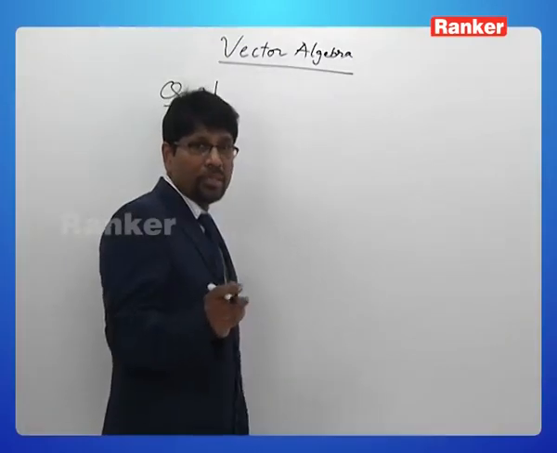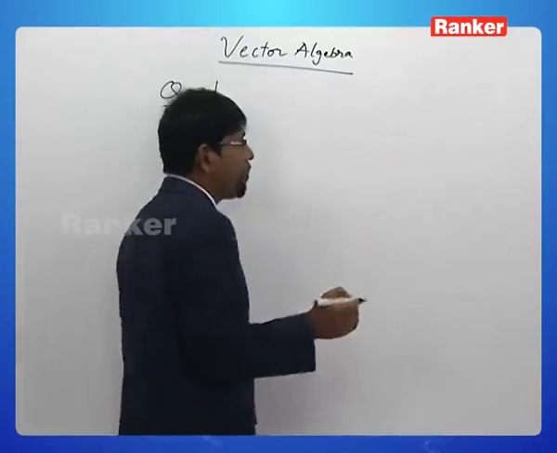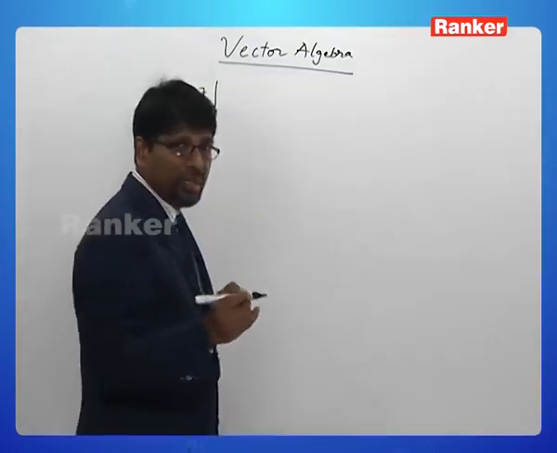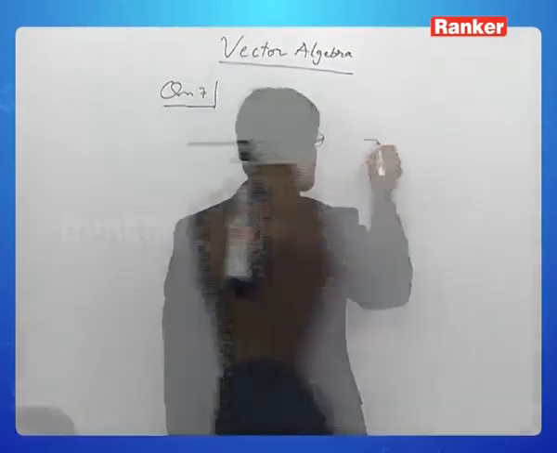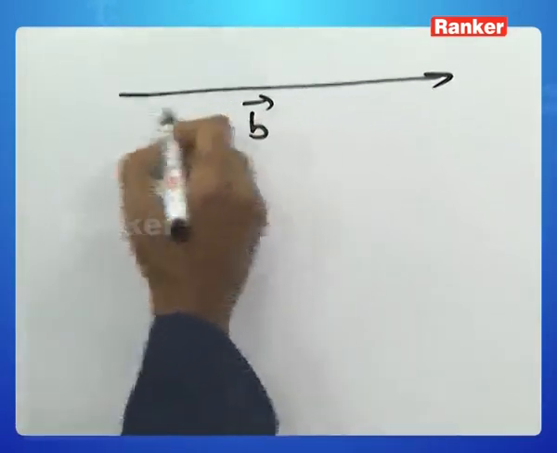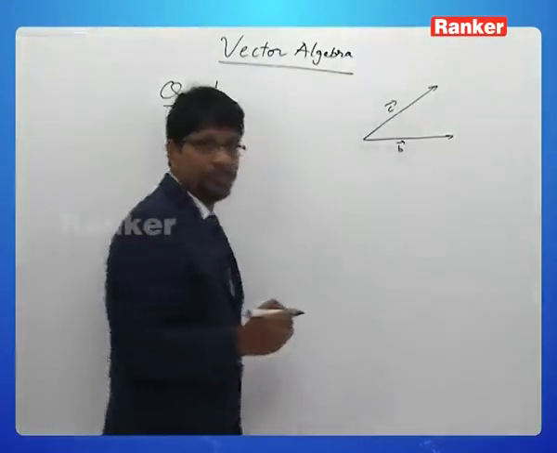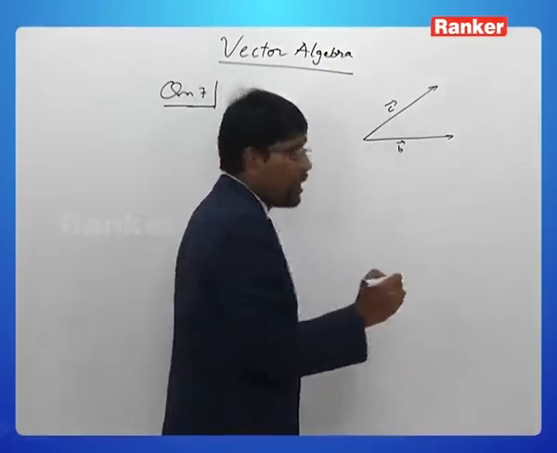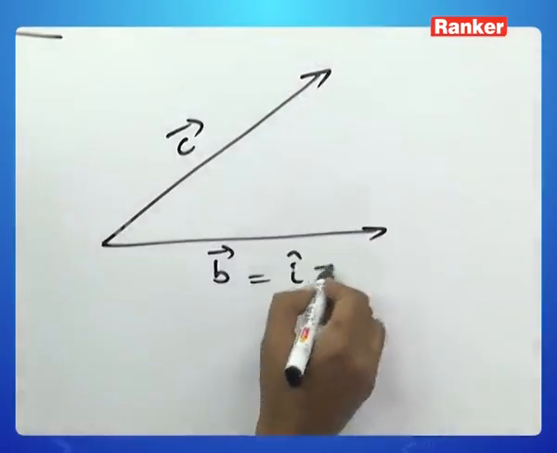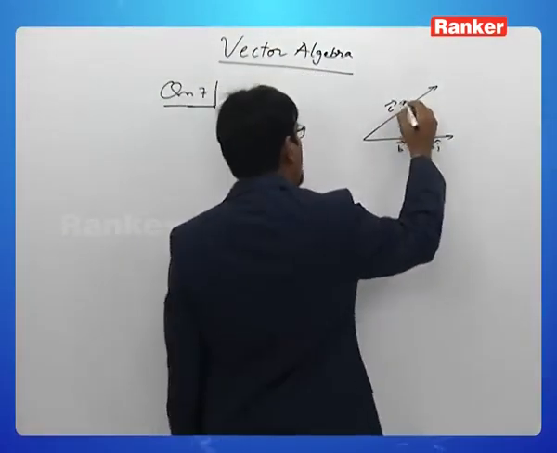So we are given that the vector a bar lies in the plane of b bar and c bar and bisects the angle between them. Let us say b bar is this vector, c bar is another vector. Let us make them co-initial. b bar is given by i plus j, and c bar is given by j plus k.